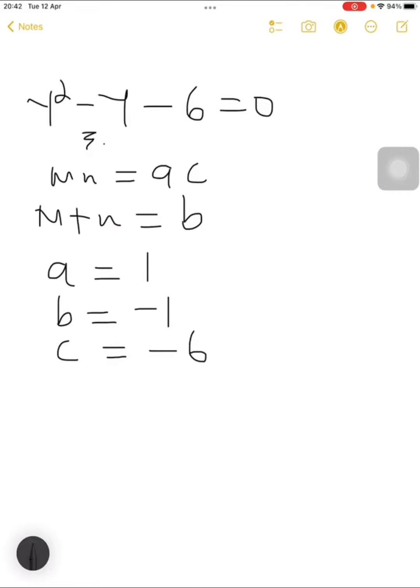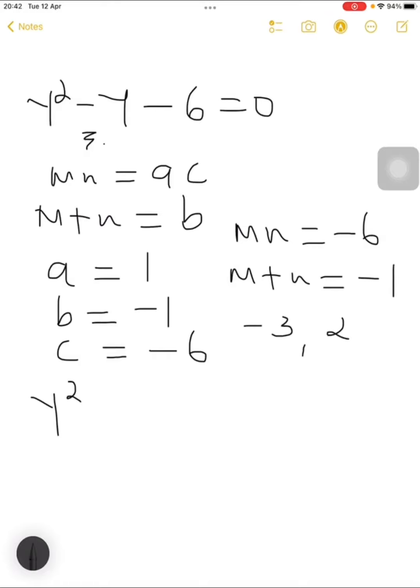So from there, how do we proceed? We have y squared. Before we even proceed there, we ask ourselves, which are these two numbers? When we multiply them, we get negative 6, but when we add them, we get negative 1. These numbers should be minus 3 and 2.